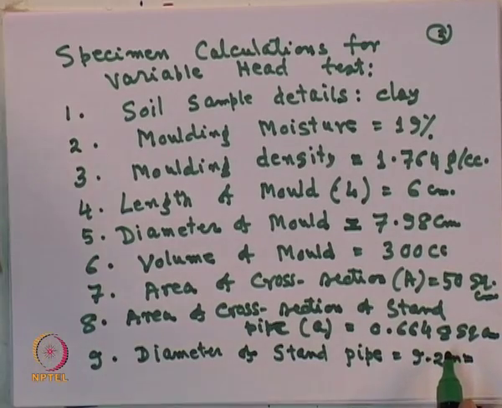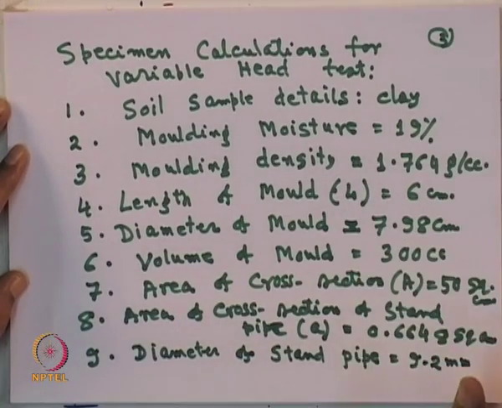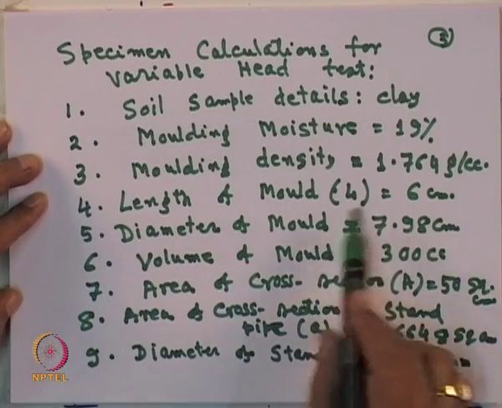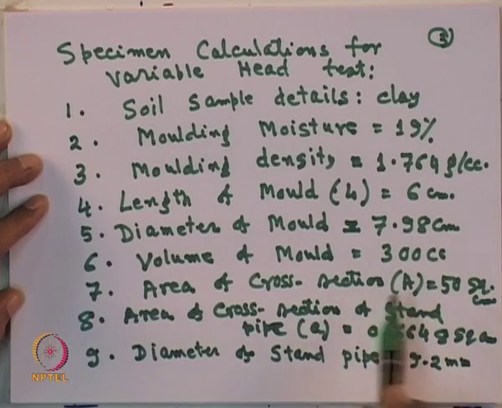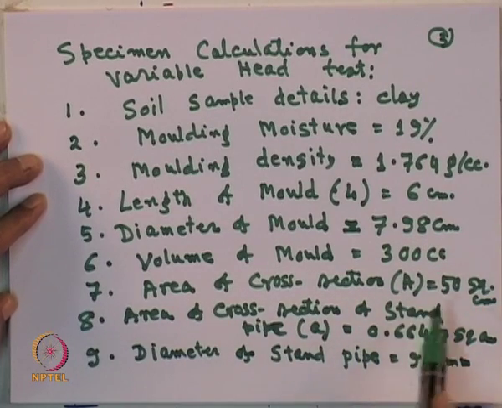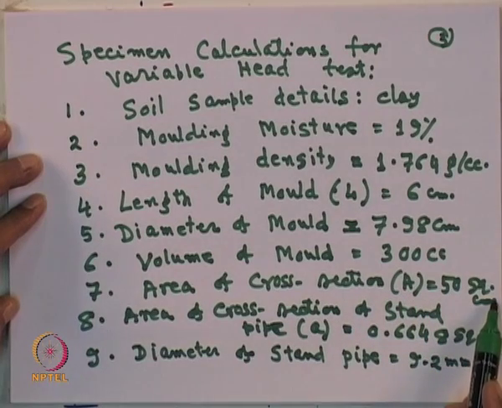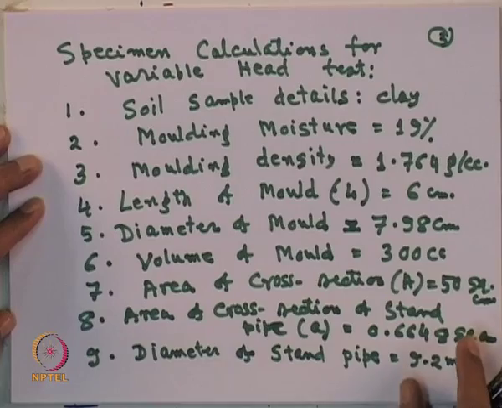So, you know all this data: the molding moisture content, molding density, length of the mold L 6 centimeter, diameter of the mold 7.98 centimeter, volume of the mold 300 cc, area of cross section capital A 50 square centimeter, area of cross section of standpipe small a 0.6648 square centimeter, and the diameter of the standpipe 9.2 millimeter.